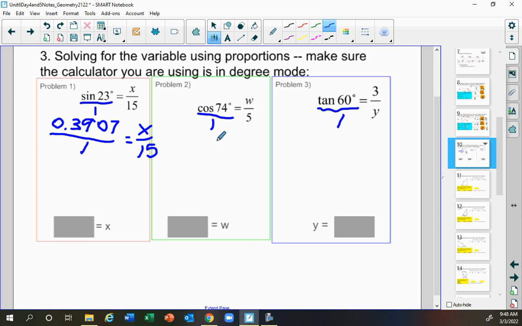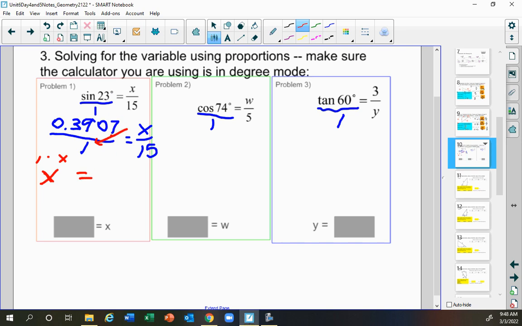Okay, now, can we solve this like a proportion? You can. Well, what's 1 times x? X, so in the end, 1 times x is just x. And then, what are we going to multiply?